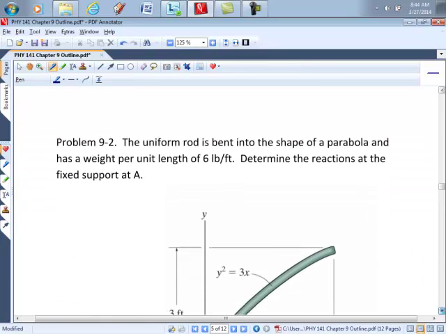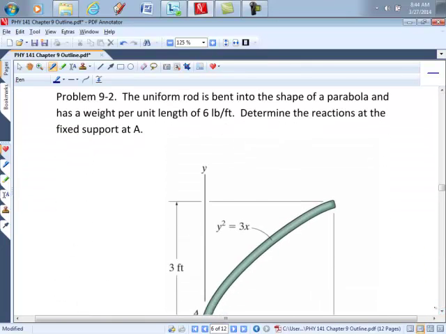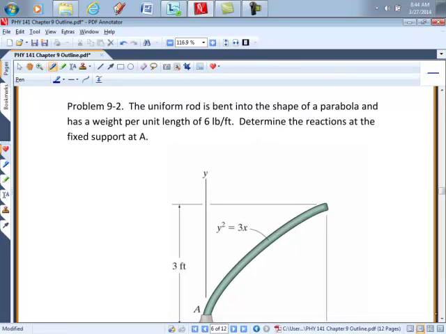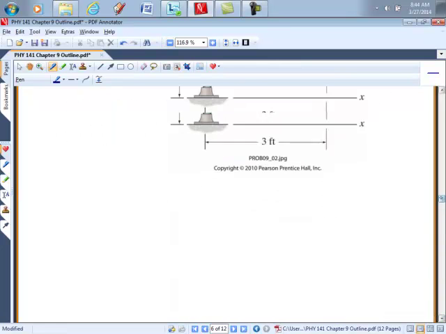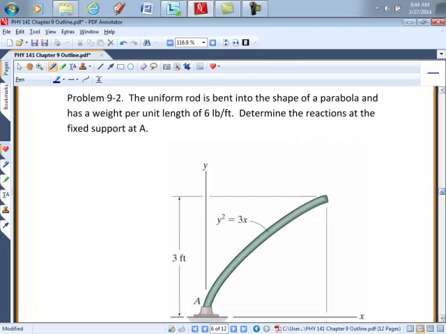All right, and here is our first example, which is a bent wire. Just zoom out a little bit so we can see the whole problem. It says the uniform rod is bent into the shape of a parabola and has a weight per unit length of 6 pounds per foot.